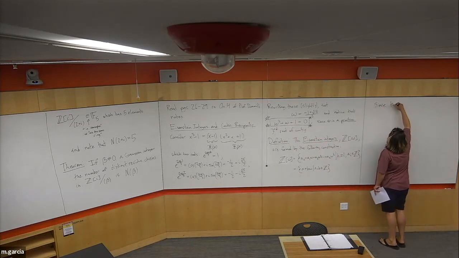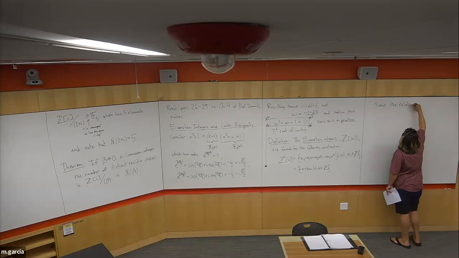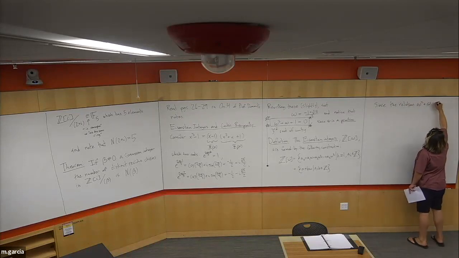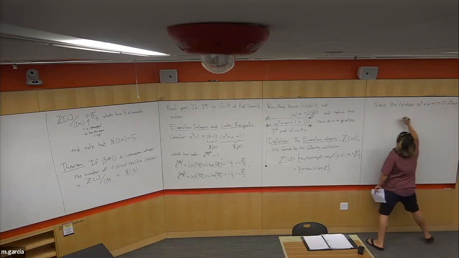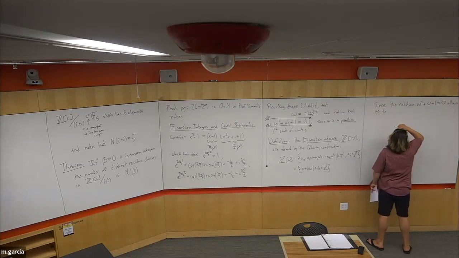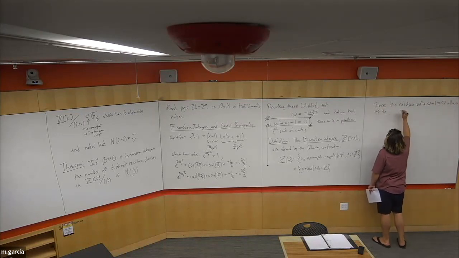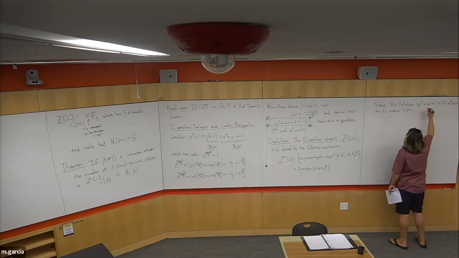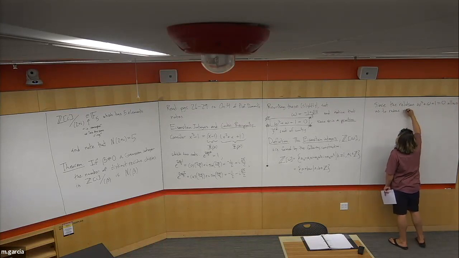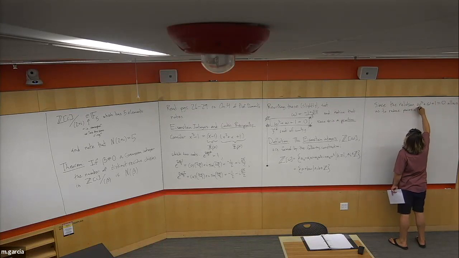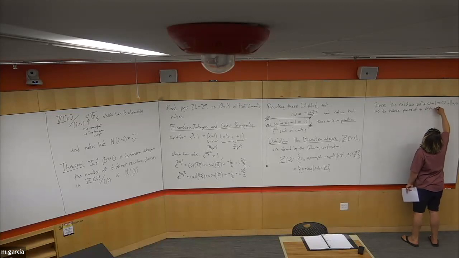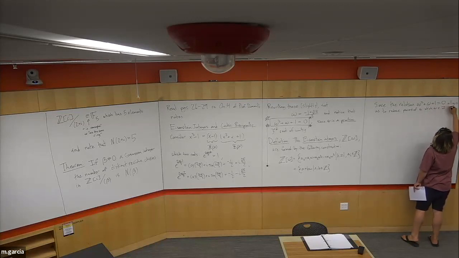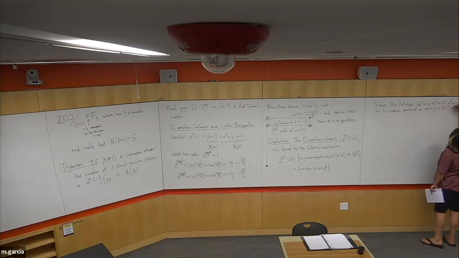Since the relation omega squared plus omega plus 1 equals 0 allows us to reduce powers of omega, which are greater than or equal to 2, down.